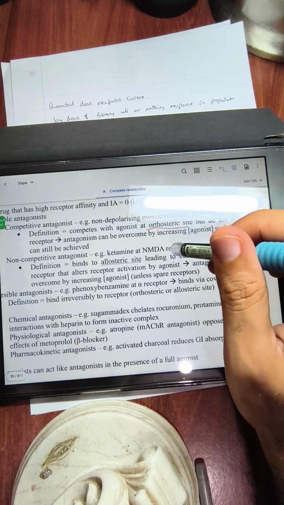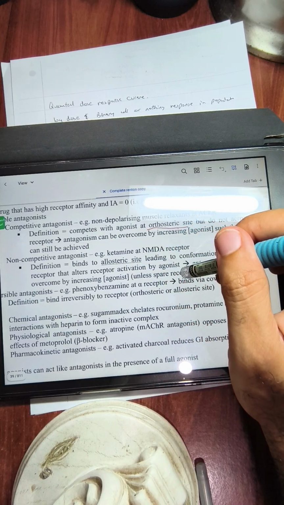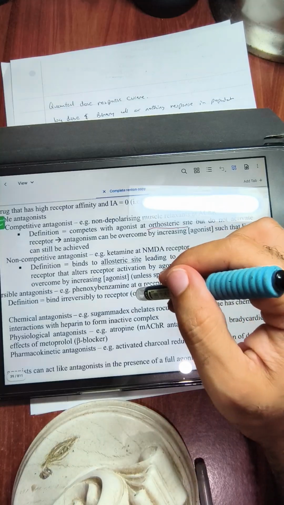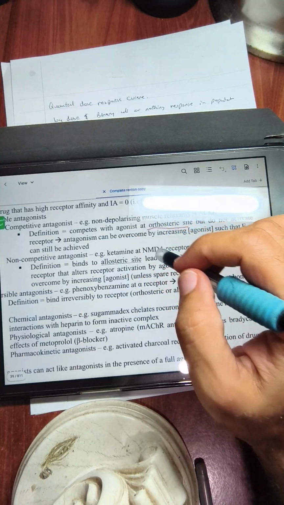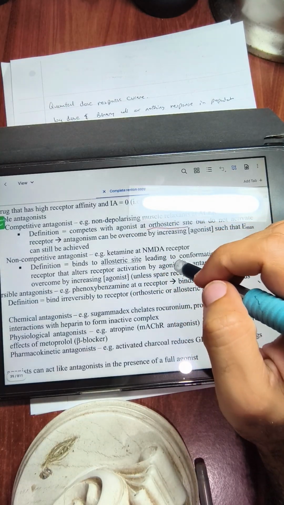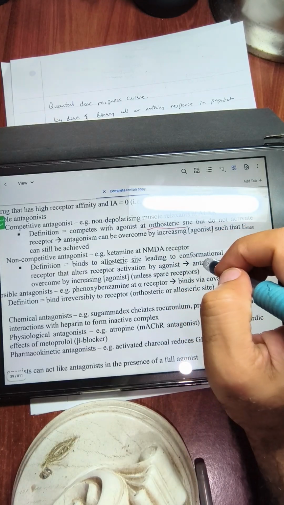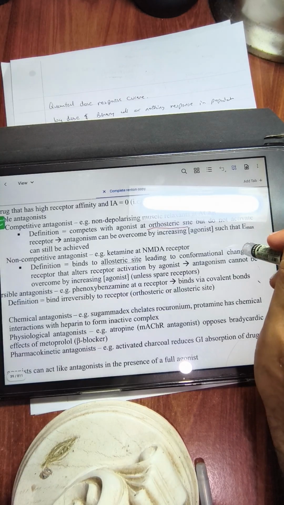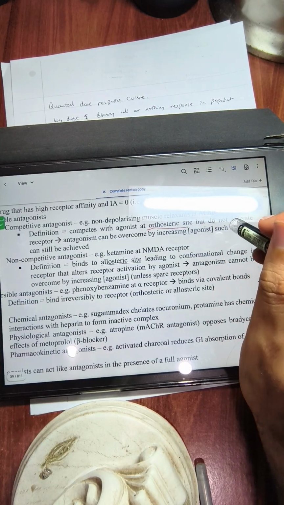So it binds to a different site, and you know that it's next to the magnesium plug. It binds to a different site than the glutamate. It's the same with GABA. GABA binds on a different site, an allosteric site, and causes an allosteric modulated change, right? So this is the same thing, a conformational change.